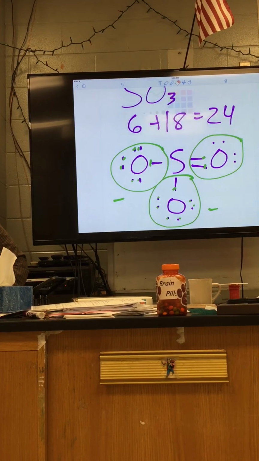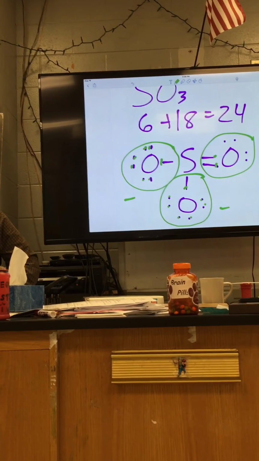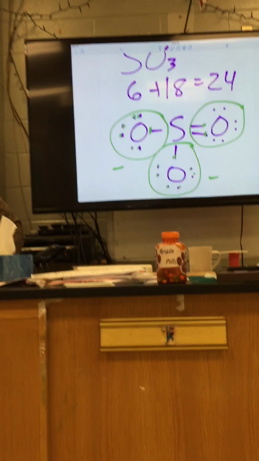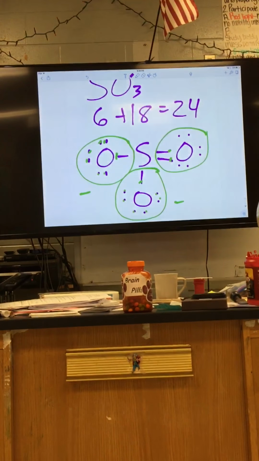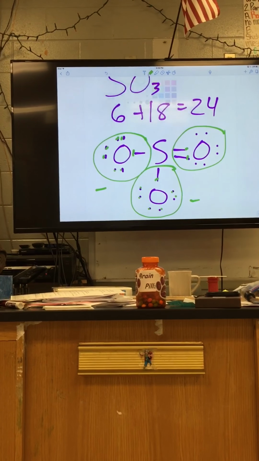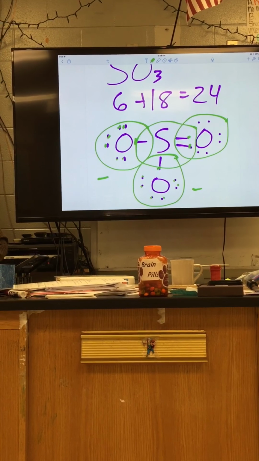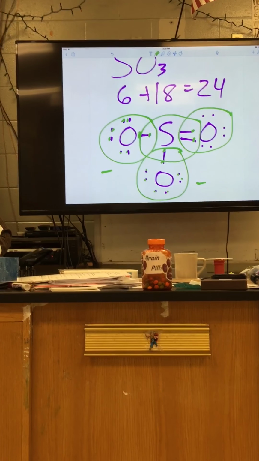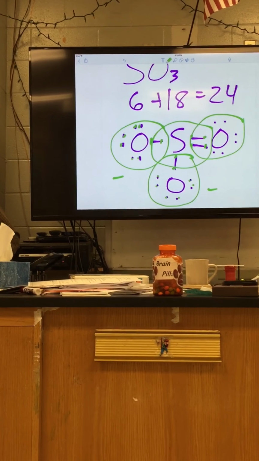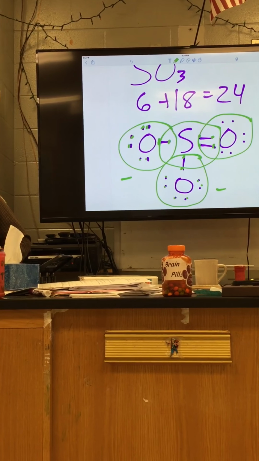You do need 2 more over here, though, right there, to make 8. But then we get into the sulfur problem. We come in here to this. The sulfur has 1, 2, 3, 4 electrons, and it should have 6 because it has 6 valence electrons.